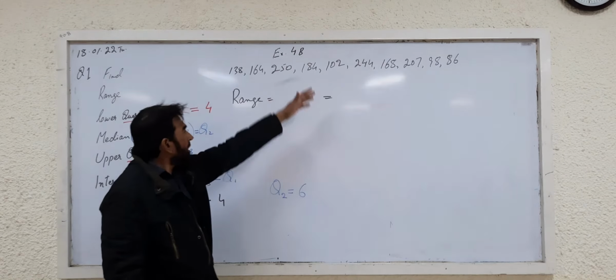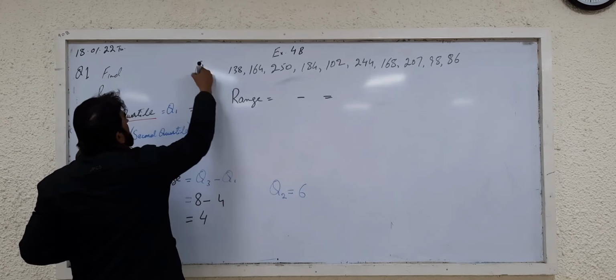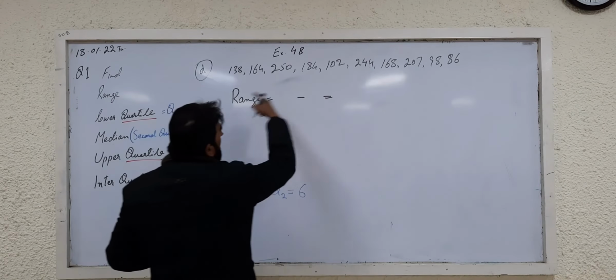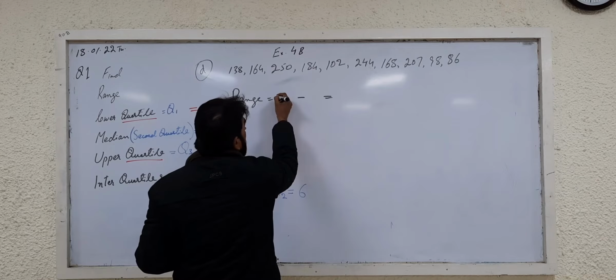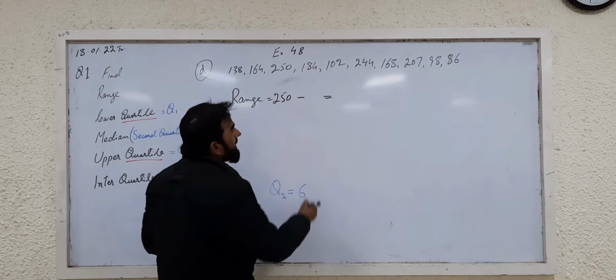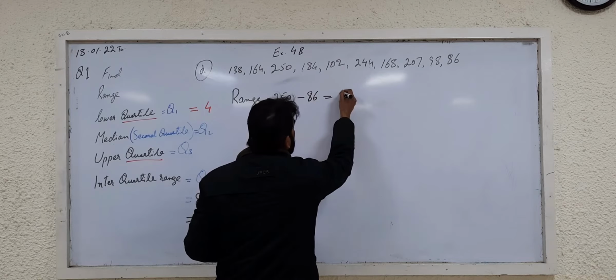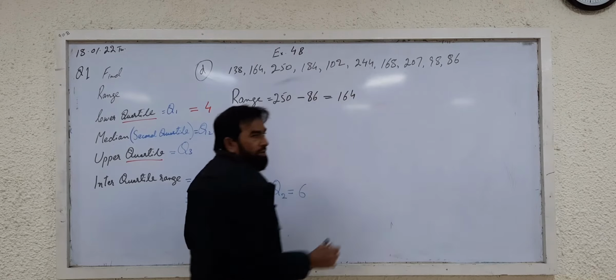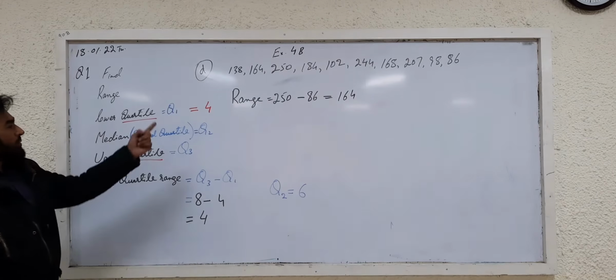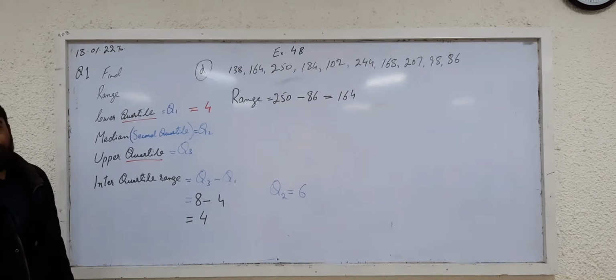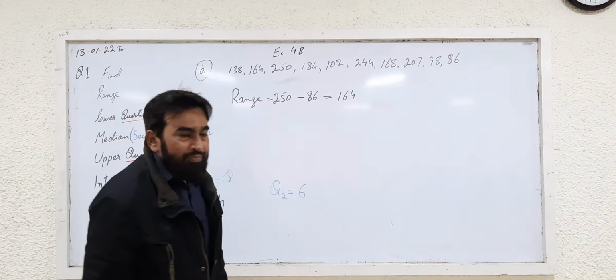To find out the range of this data, this is the D part which we are going to do. The top value is 250, the highest value, and the lowest value is 86. Okay. Now to find out the quartile, first of all we have to write the data in order.